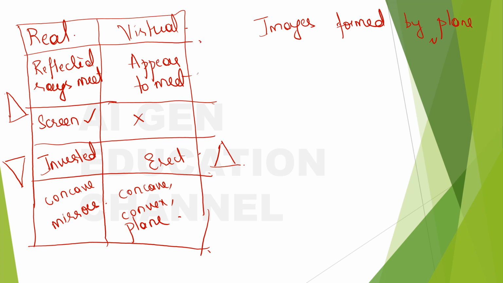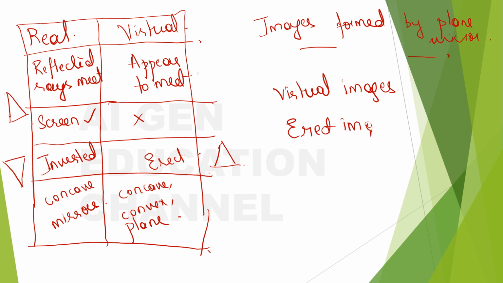So as I have mentioned, what type of images are formed here? Virtual images, right? So virtual images means will they be erect or not? Yes, these are erect images. And why will this happen? It is because the reflected rays actually won't meet.